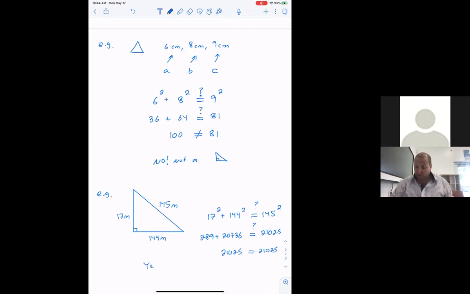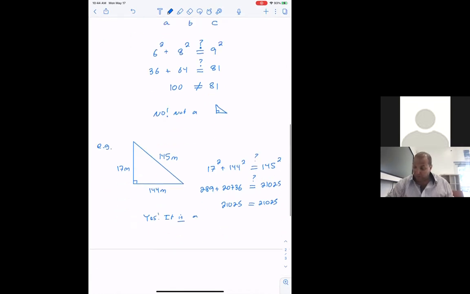So the answer here is yes. It is a right triangle. Hopefully that makes sense. Very, very straightforward.